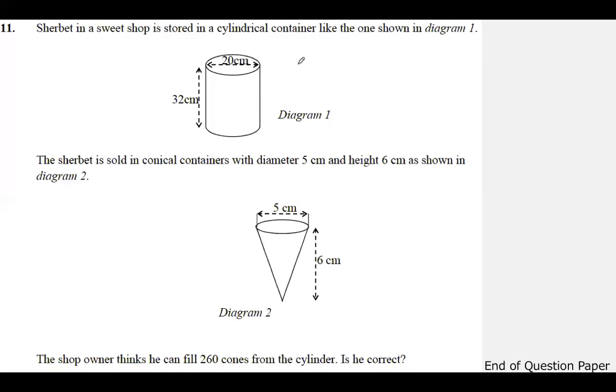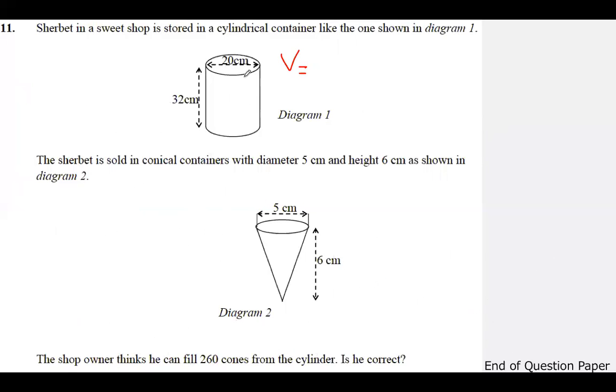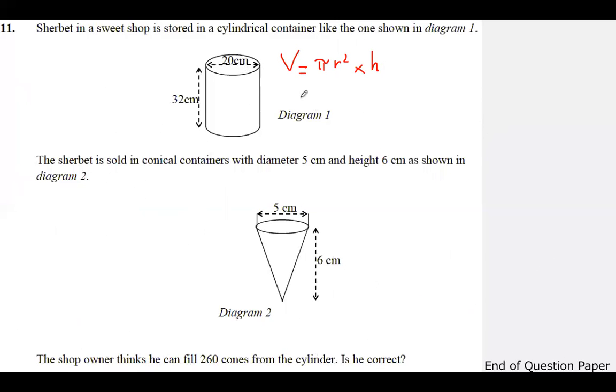First of all, I need to calculate the volume of the cylinder. Volume is the area, pi r squared, times the height. So r is 10 because d is 20.